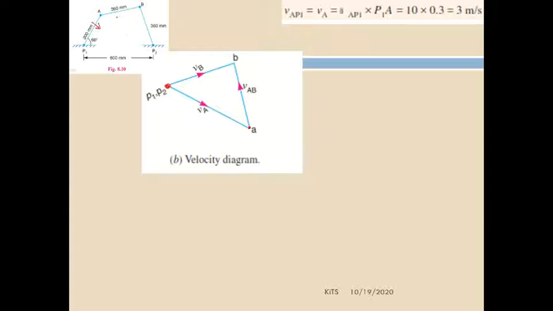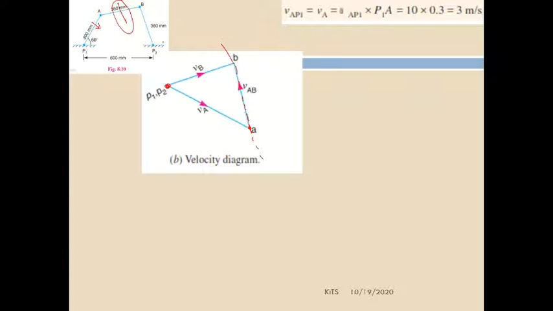Next, what is the next link? Next link is AB. So from point A, draw a perpendicular line to AB on both sides of A. I have drawn this perpendicular line here.